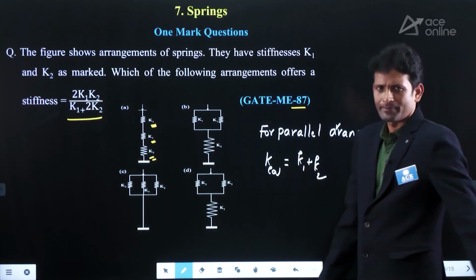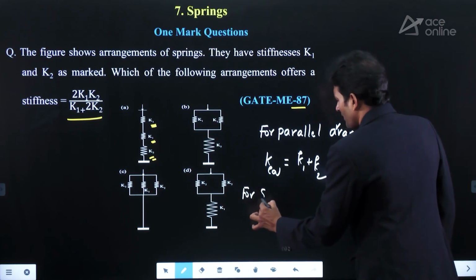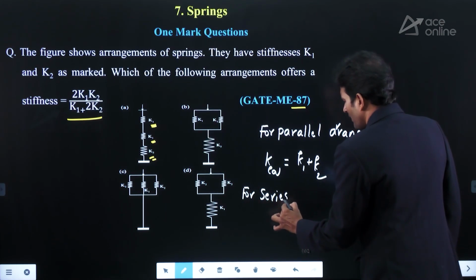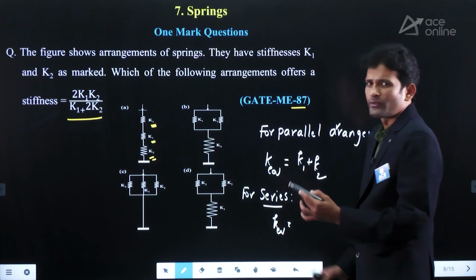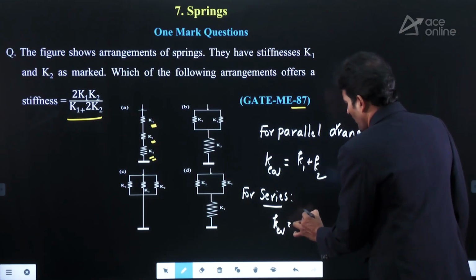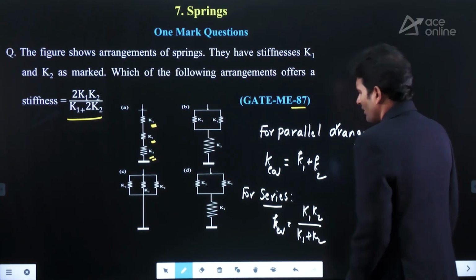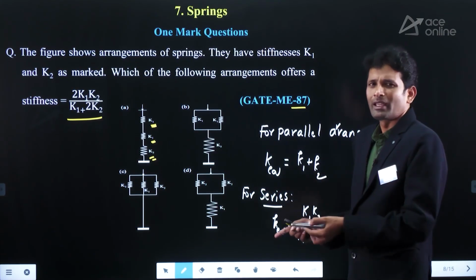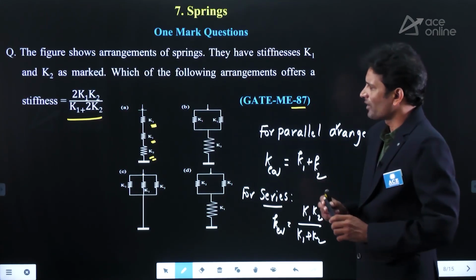But for series arrangement, how can you find the equivalent for two springs? When I arrange the two springs in series, it is K1 K2 divided by K1 plus K2. Otherwise, 1 by K equivalent equals 1 by K1 plus 1 by K2. These two are the standard formulas we are using.